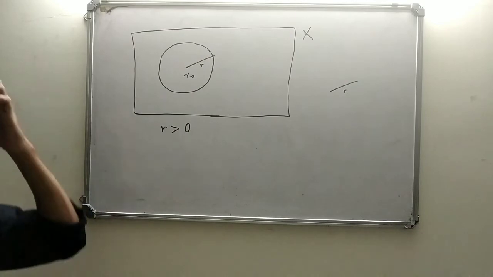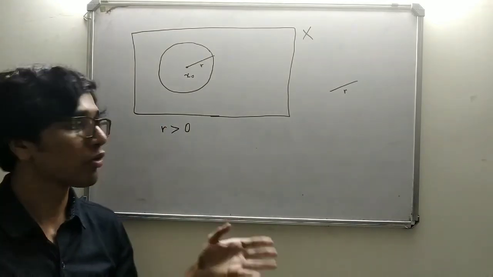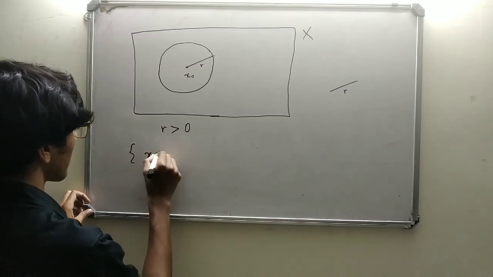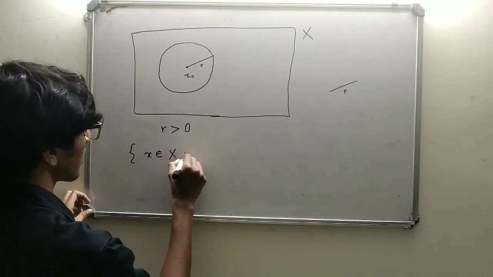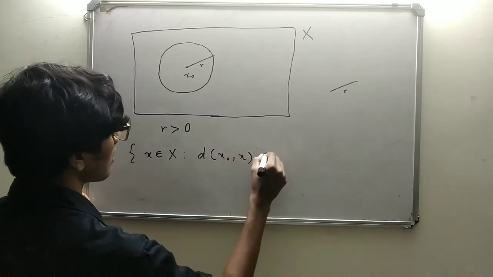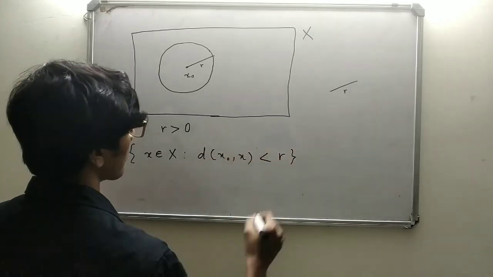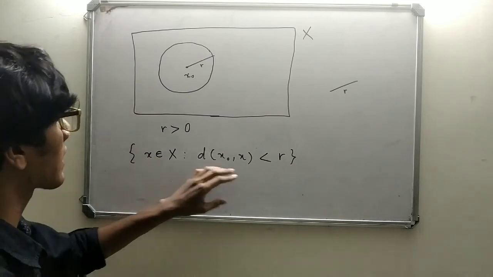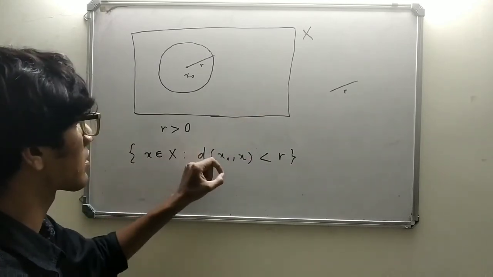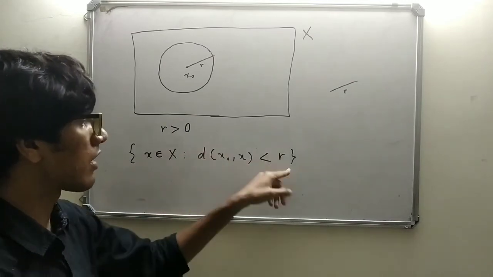Now the definition for an open ball goes like this: the set of all x element of X such that d of x naught comma x is less than r. All those points of X which lie at a distance less than r.